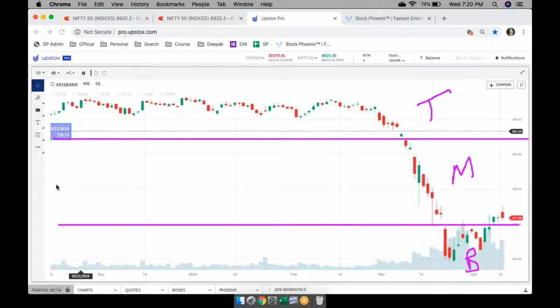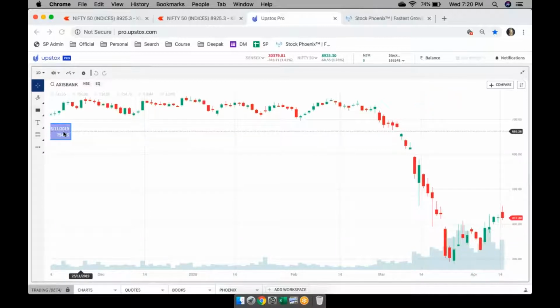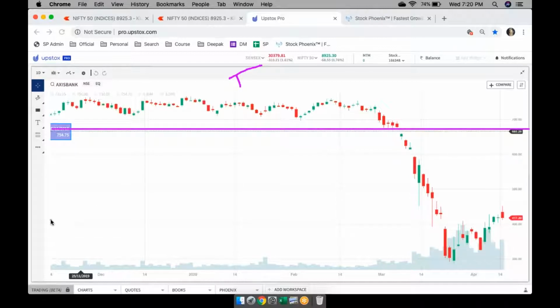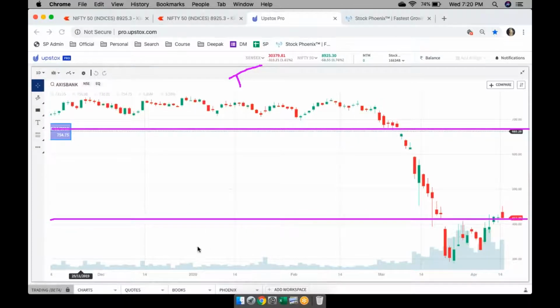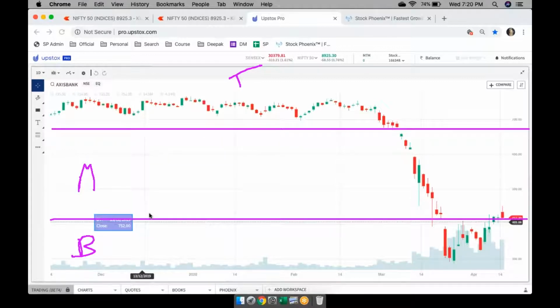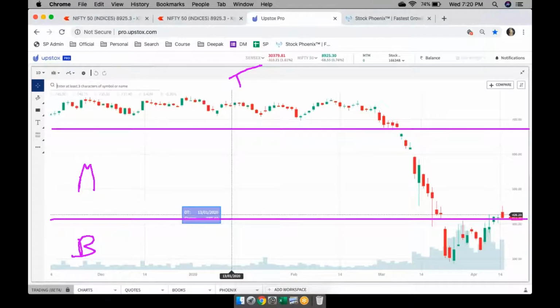Just give me a minute. Let me draw a clear line. Top, bottom, middle. Okay. So if you see here, for this particular stock we have a long opportunity. Don't look for a short opportunity.